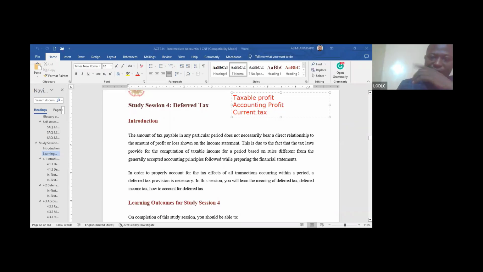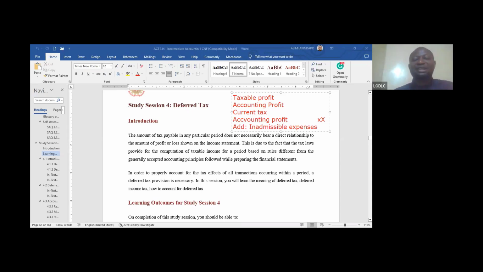From the view of taxable profit, it is the profit or loss for a period upon which income tax is payable, while accounting profit is the profit or loss for a period before deducting tax expense. So the first thing that we have is accounting profit. Then we add any inadmissible expenses.